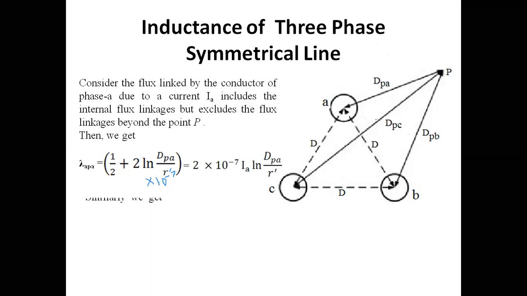Now, what will be the flux linkages between A and P due to IB current?